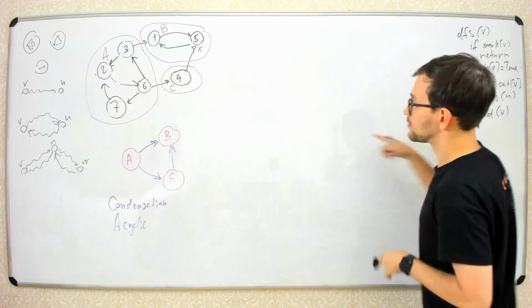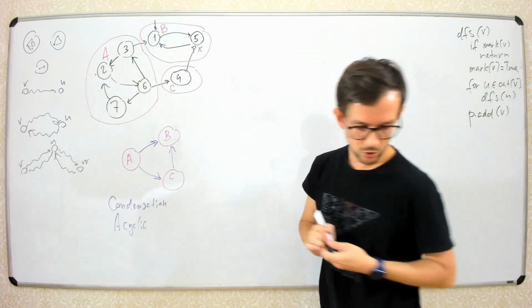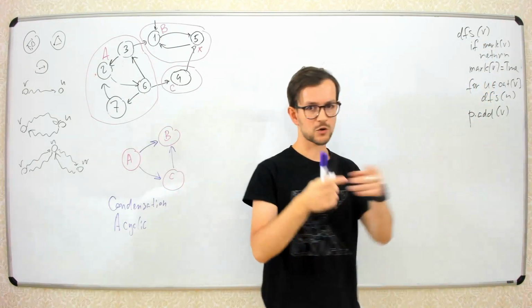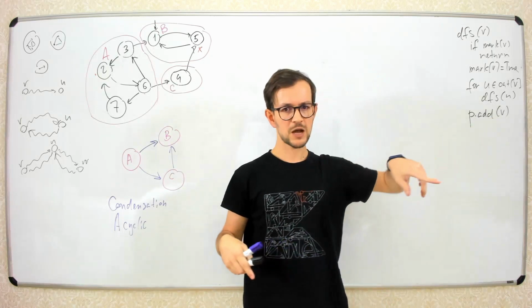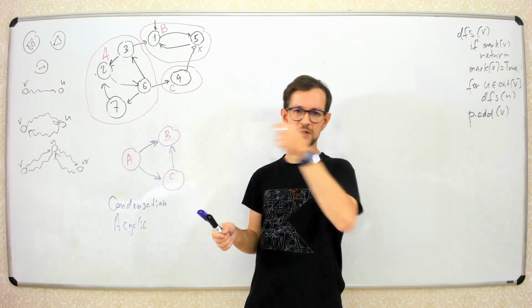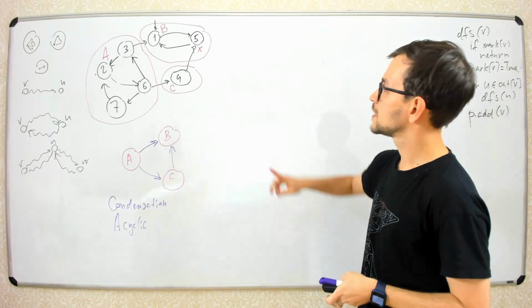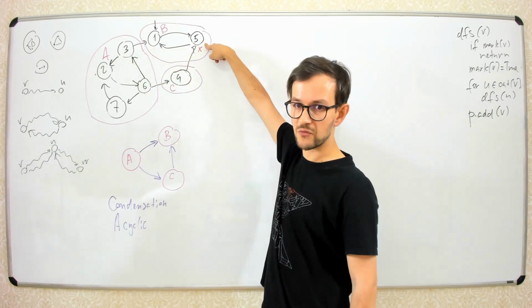So, for example, in this graph, we call DFS from 1. P is just some order of the nodes. I will add node V into this order. I actually need to reverse it, so I will add them from right to left, but you'll see in a minute. DFS goes from 1 to node 5.